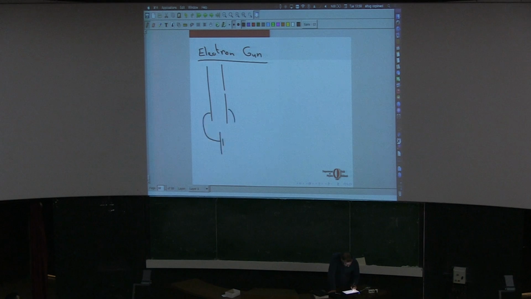We will study batteries later on in more detail, such that you charge them. Let's say this one positively, this one negatively, this one positively.